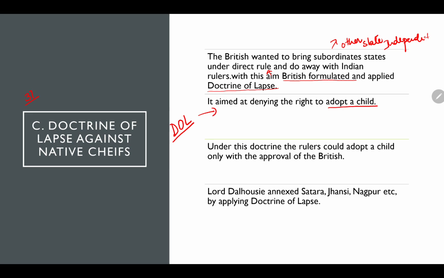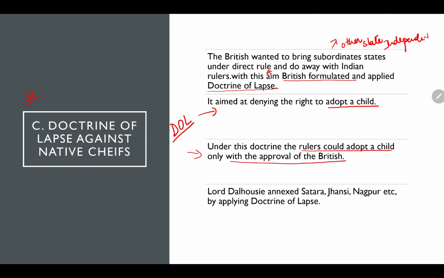If a ruler didn't have any successor, any son or child, then under this doctrine that particular kingdom would directly go to British rule. Another thing is that under this doctrine, the rulers could adopt a child only with the approval of the British.